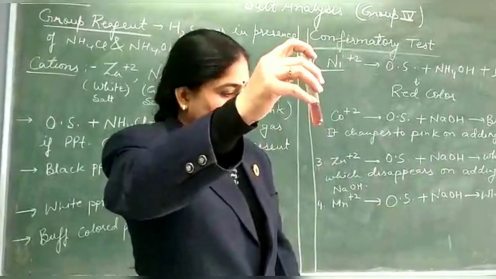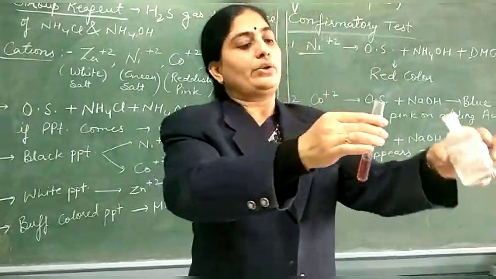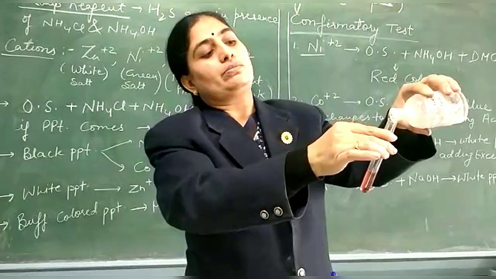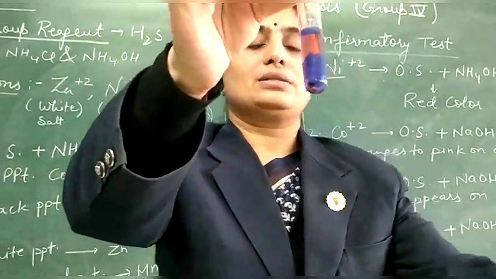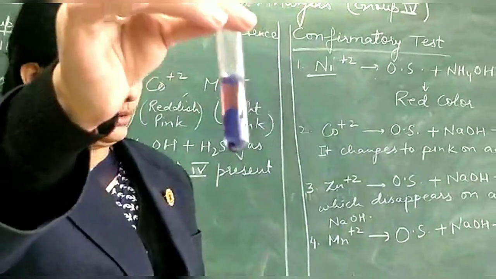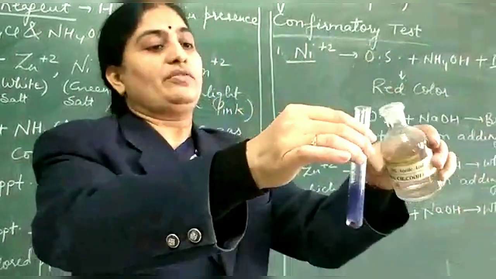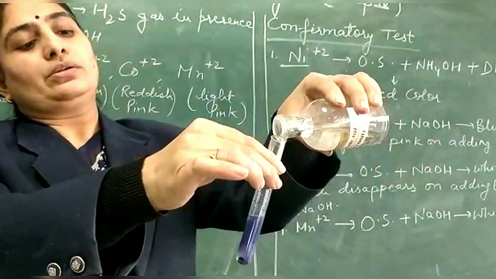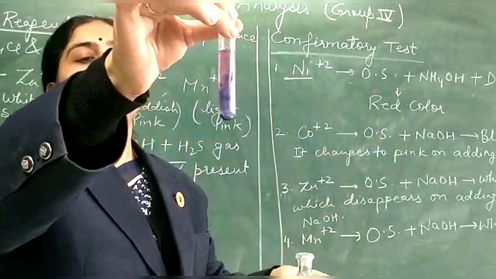So here I have made it, and then I add NaOH to it. On adding NaOH, it makes the medium basic, and it changes to blue color. That is clearly visible. Now if I add acid to it, we can see it changes its color, and again it changes to pink.